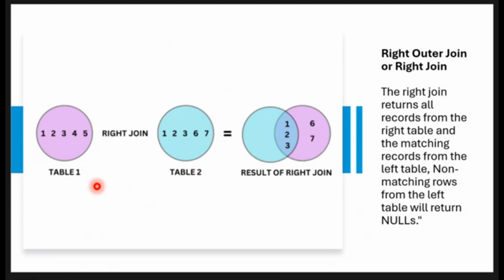If something is not there, then it will return null values. So in the right table, 1, 2, 3 it will definitely pick up, and 6, 7 is already there. For 6, 7, it will bring null values because we don't have any matching values in the left table.